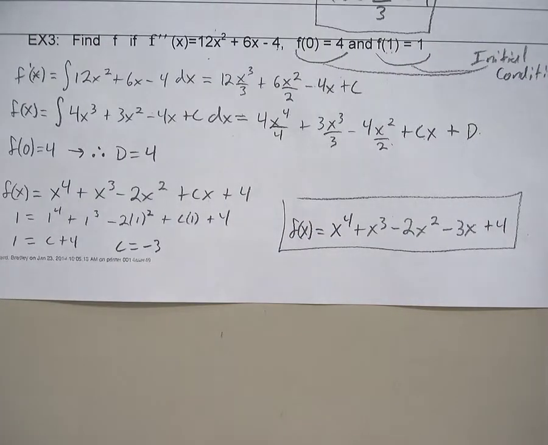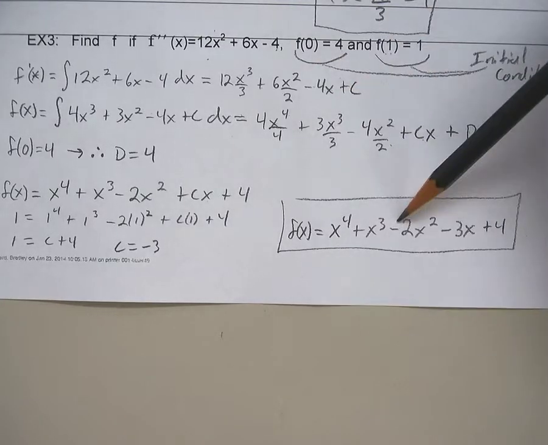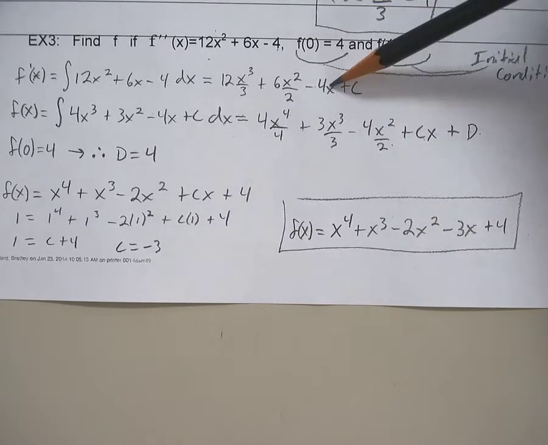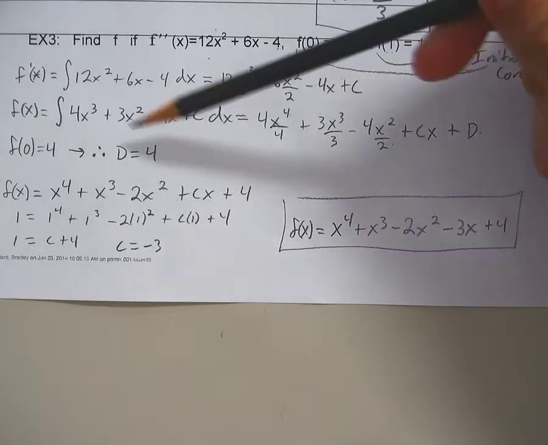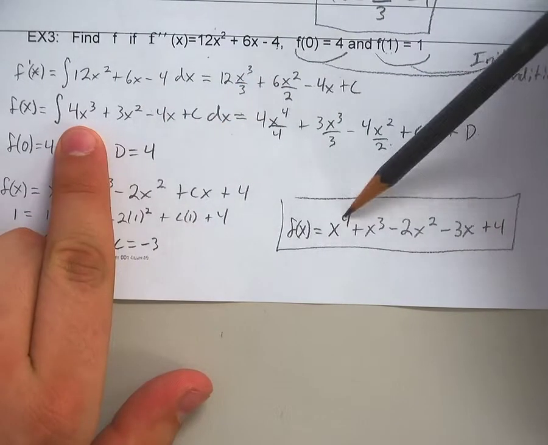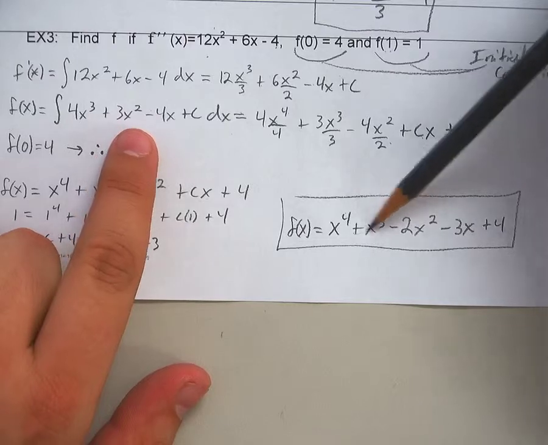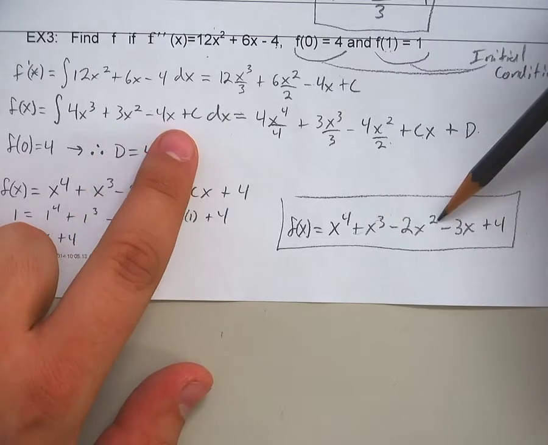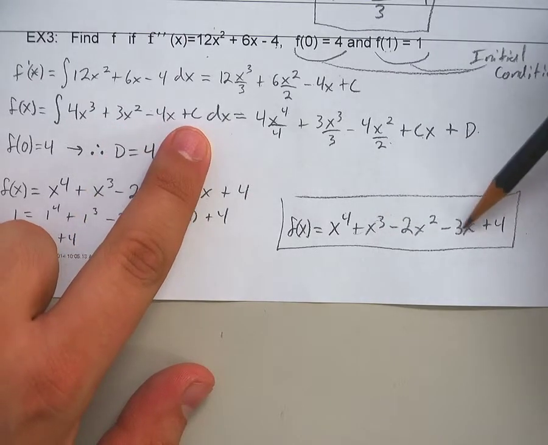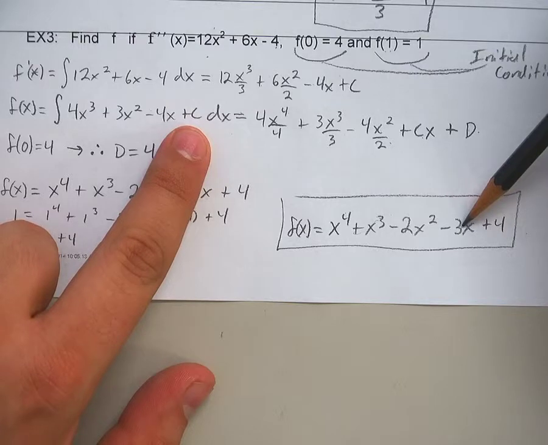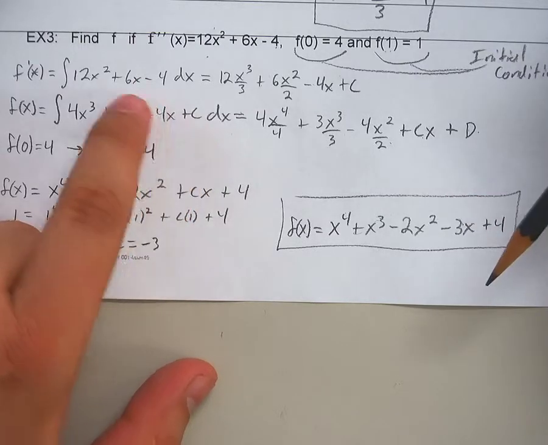Remember what I told you yesterday about working backwards? The derivative of this, let's go back here. This should be right here. 4x cubed, 3x squared, minus 4x, minus 3, which is your constant, your plus c. Take your derivative there, you're back there.